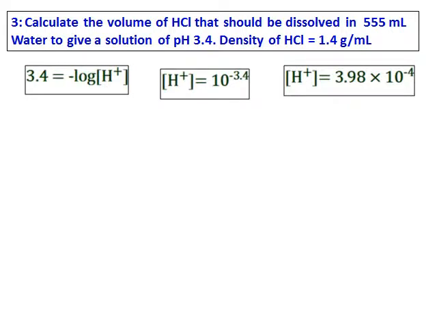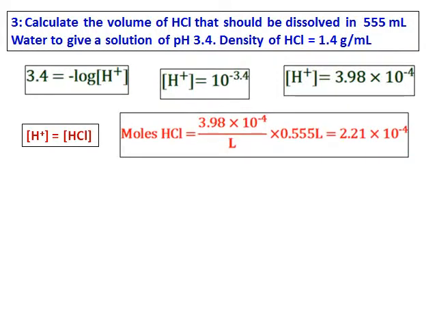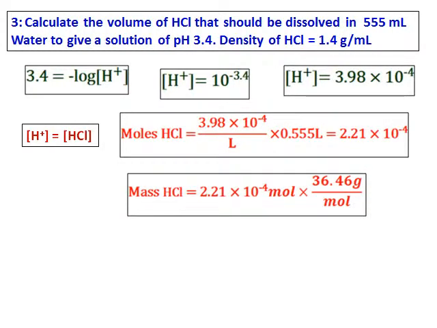Now HCl being a strong acid, the concentration of hydrogen ion is equal to concentration of HCl. Once I have the concentration of HCl, I can get the moles of HCl by multiplying it by the volume. So once I get the moles, getting the mass is easy. I multiply it by the molar mass.